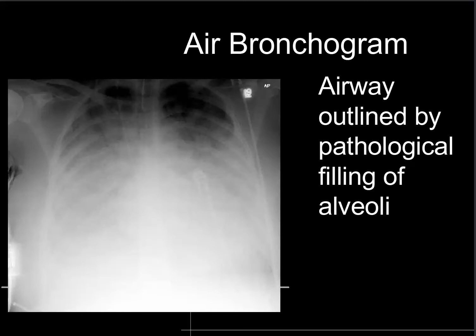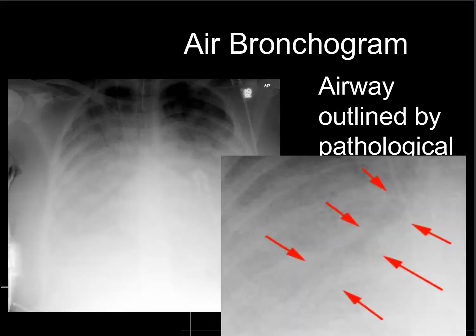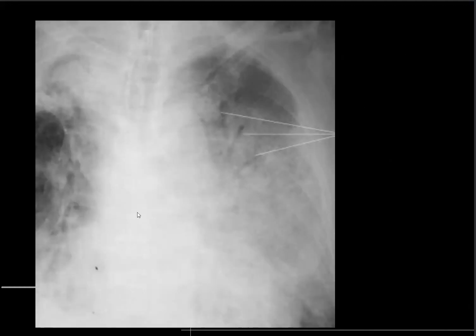It's the airway outlined by pathological filling of the alveoli. This is what they look like. You can see a branching structure, which is the airway, and it's accentuated by pus within the air spaces. So it's a branching structure. If you see a branching structure on the background of increased density, it's an air bronchogram. It suggests infection. Here is another example, a branching airway with pus in the surrounding alveoli.